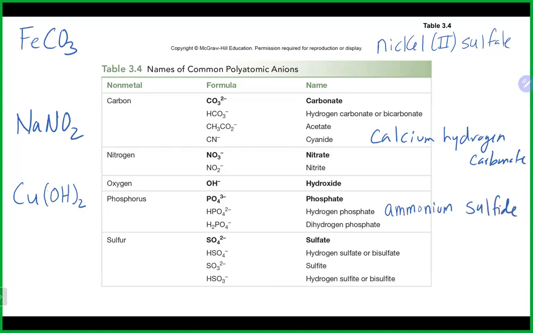All right, so give it a go there. Let's do proper names on the left and formulas on the right. See what you come up with.